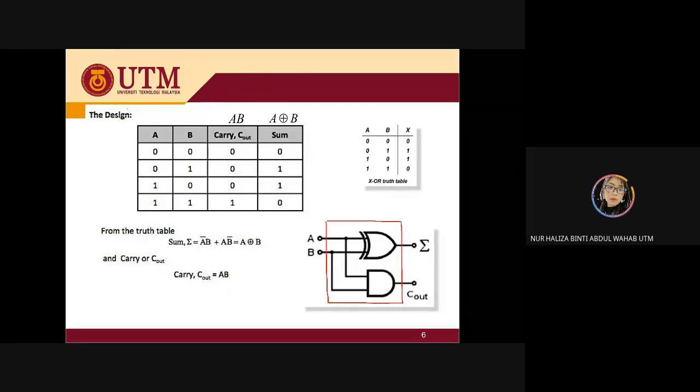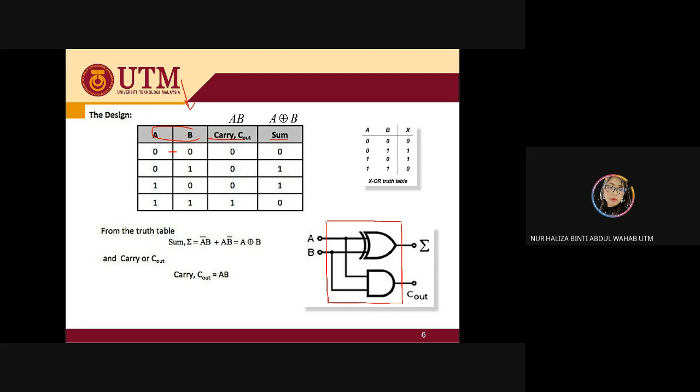Now over here you can see the truth table for your inputs A, B, and carry out and also sum. You have 0 0, 0 1, 1 0, 1 1. These are the possibilities if you have 2 inputs of 1 bit. And then you have adding.